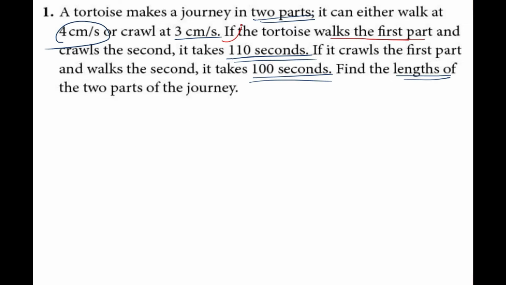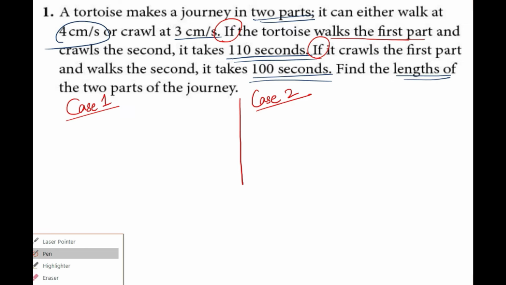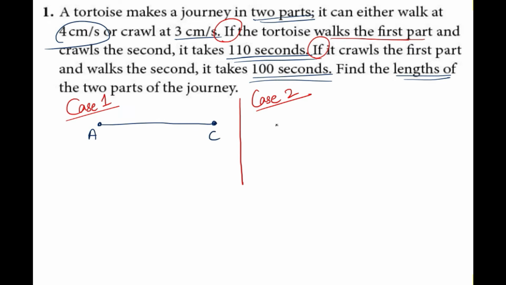In this question, we have 2 conditions given, and let me divide it here. I'll put it as case 1 and case 2. Let us assume a journey starting from A to C, and we'll be dividing it into 2 parts, AB and BC. So let's just draw it down.